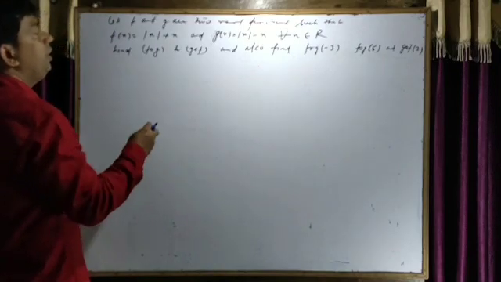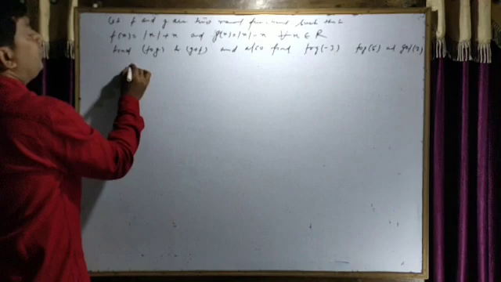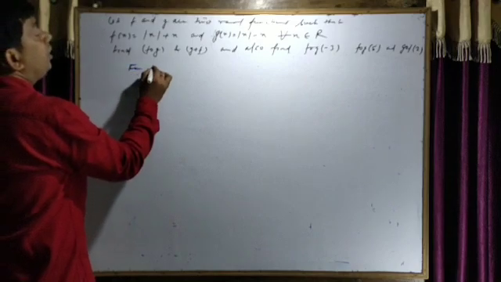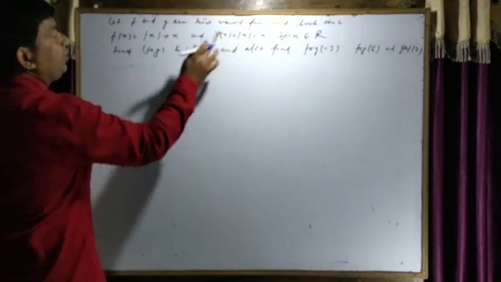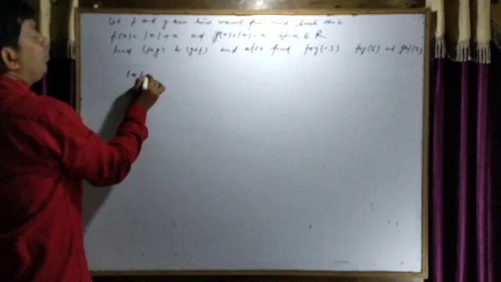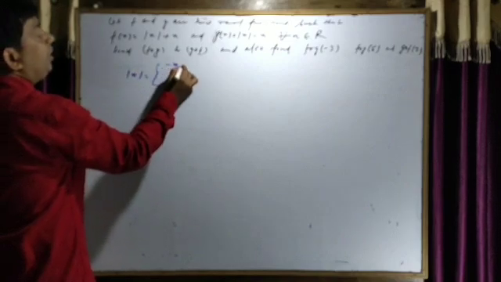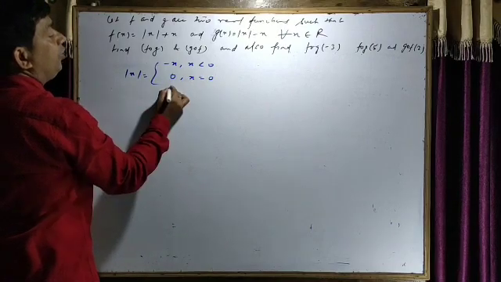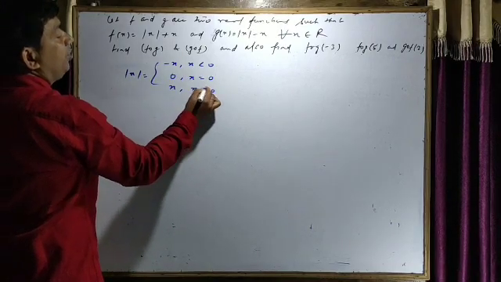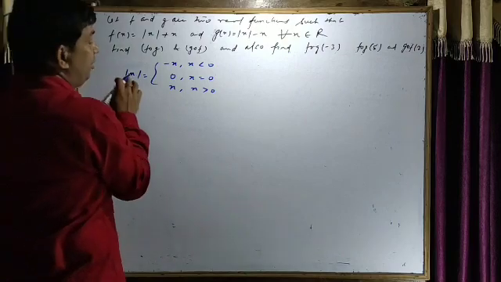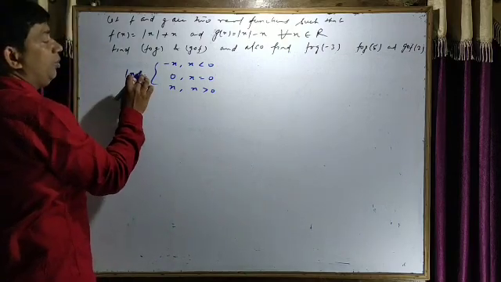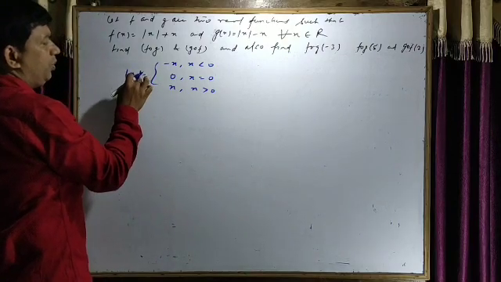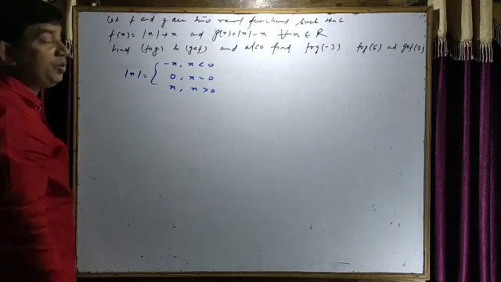See here, first of all the mod function is there. So mod x equals minus x when x is less than 0, 0 when x is equal to 0, and x when x is greater than 0. So this is the value of mod x. Mod x is never negative; if we take out from mod, the answer is always positive.